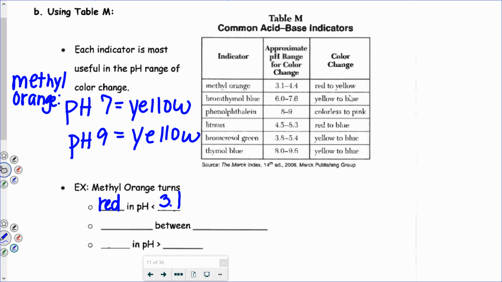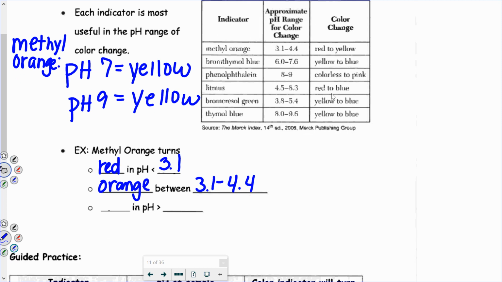So red plus yellow makes orange. And if it's greater than the pH on the right, it will be the color on the right. So if the pH is greater than 4.4, it will be yellow.